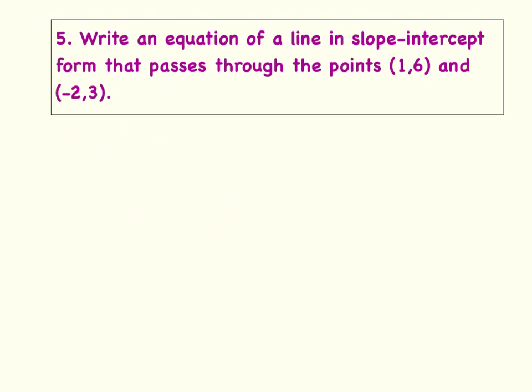If you remember the formula for slope, it is slope equals, or m equals, y2 minus y1 divided by x2 minus x1, where x1 and y1 are the coordinates of the first point and x2 and y2 are the coordinates of the second point.